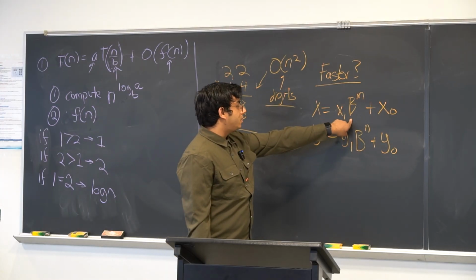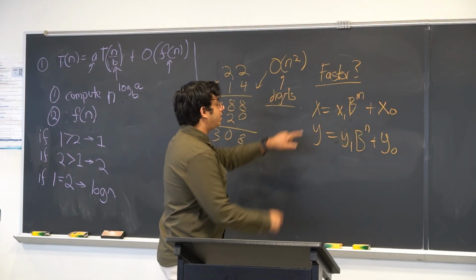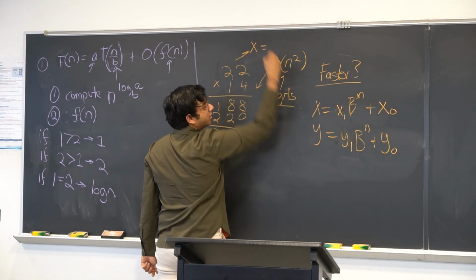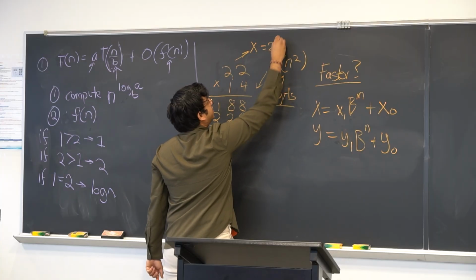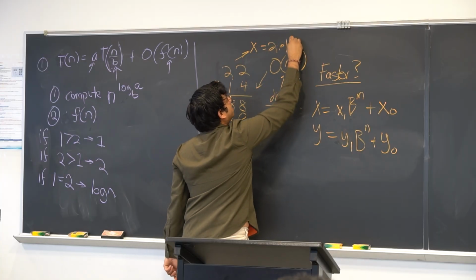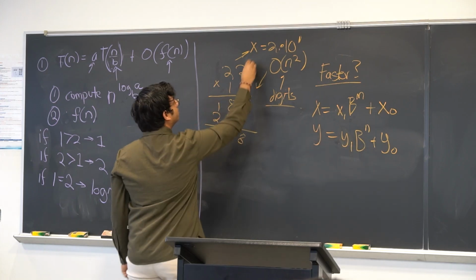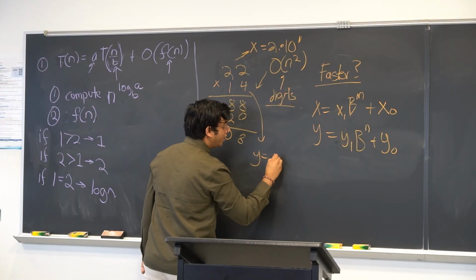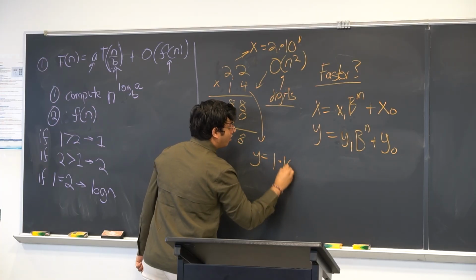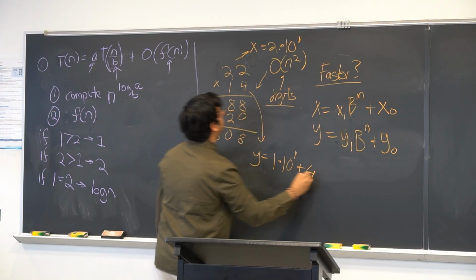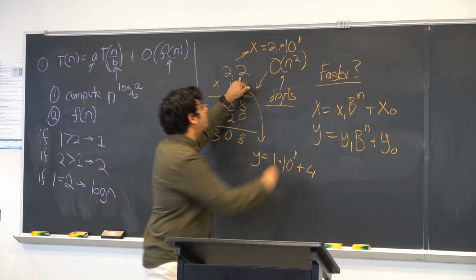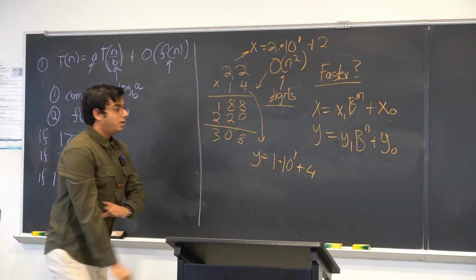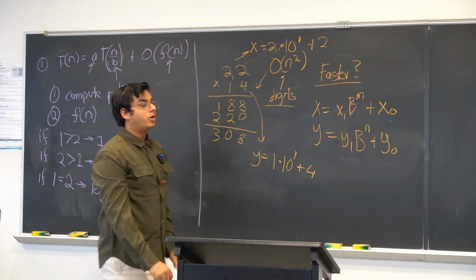In our case, we can say that x is equal to 2 times 10 to the power of 1 plus 2, and y is equal to 1 times 10 to the power of 1 plus 4. These 2 coefficients match, these 2 coefficients match. So I did 4 multiplications here, and we want to know if I can do this faster.